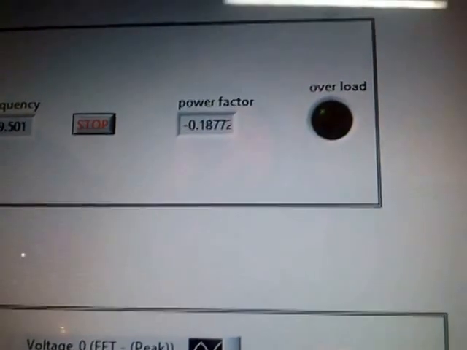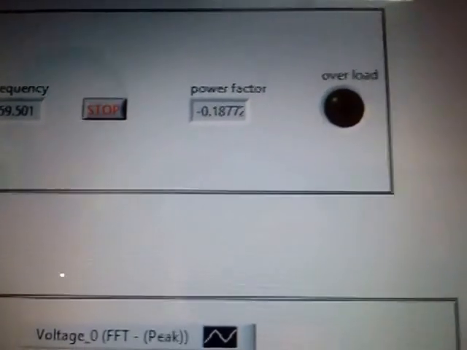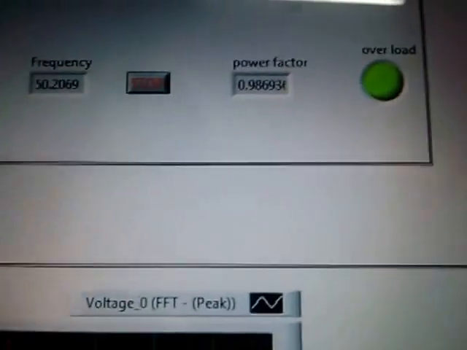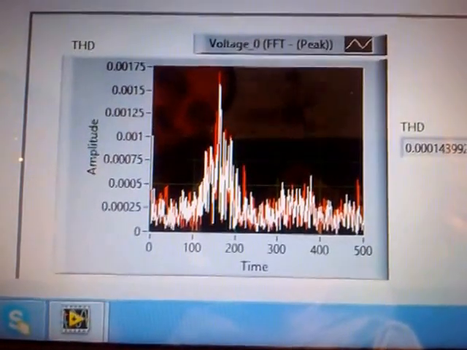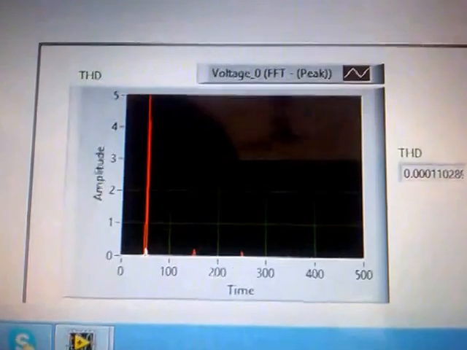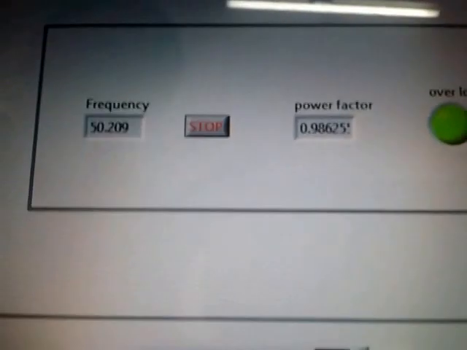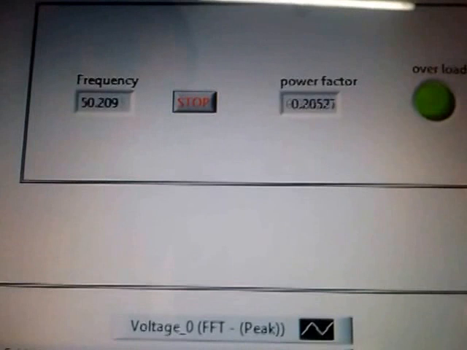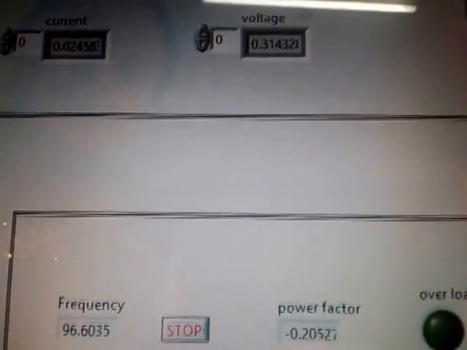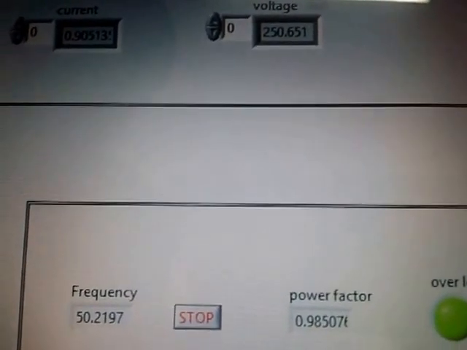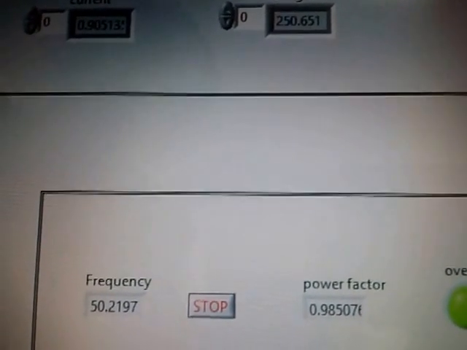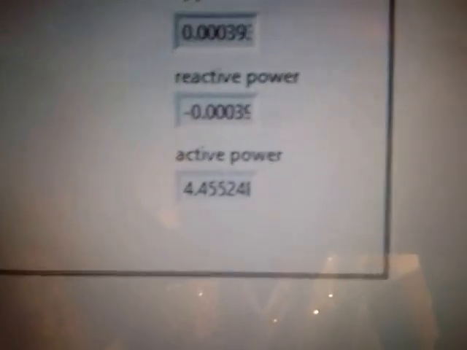You can see that. And even the value of THD will change. Well, coming to the power factor, it is minus 0.2 when there is a overload, and even the power values become 0 because it is disconnecting the load from the supply.